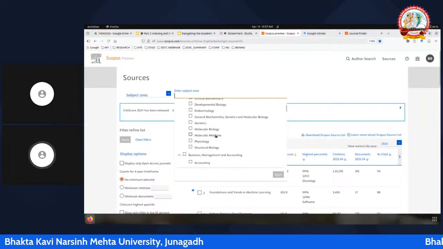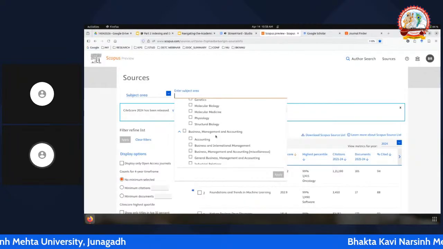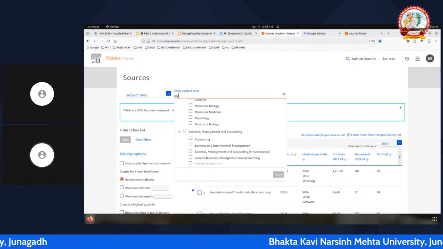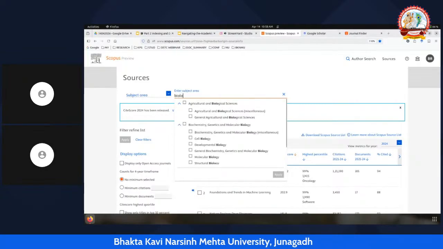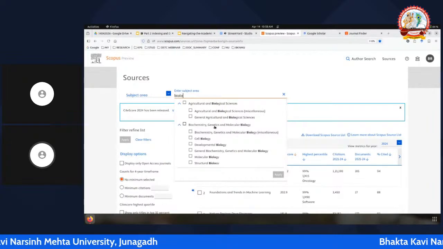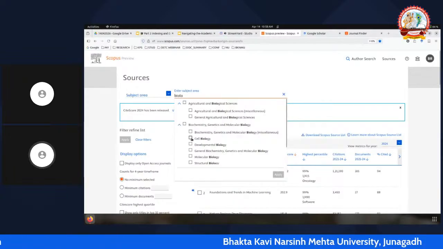From among these, you can select any one. Say for example, biology. So we have multiple journals, multiple areas related to biology. Suppose I am selecting cell biology.